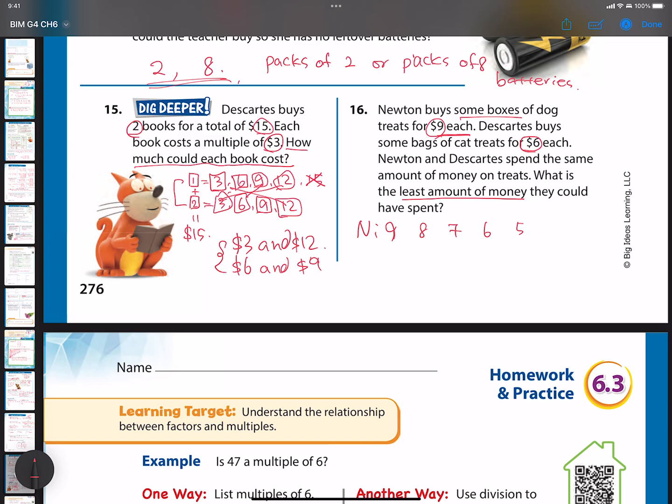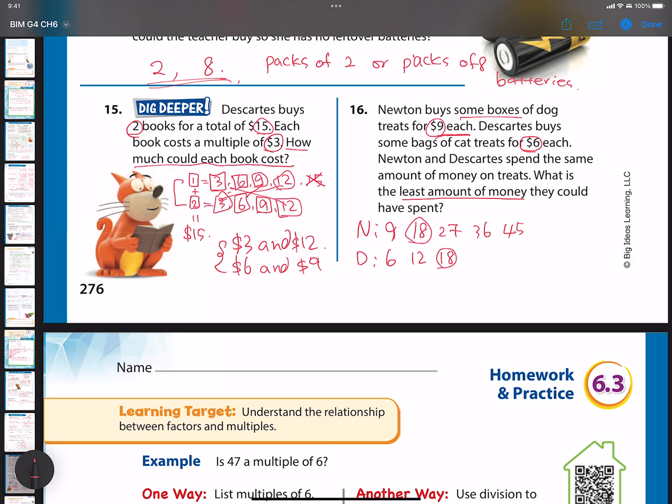Okay, what about 6? Descartes spends the multiples of 6 because he purchased some bags of cat treats, which is what? Priced $6 each. So now 6, 12, 18. Oh, hold on, I stopped. Already the answer is here.